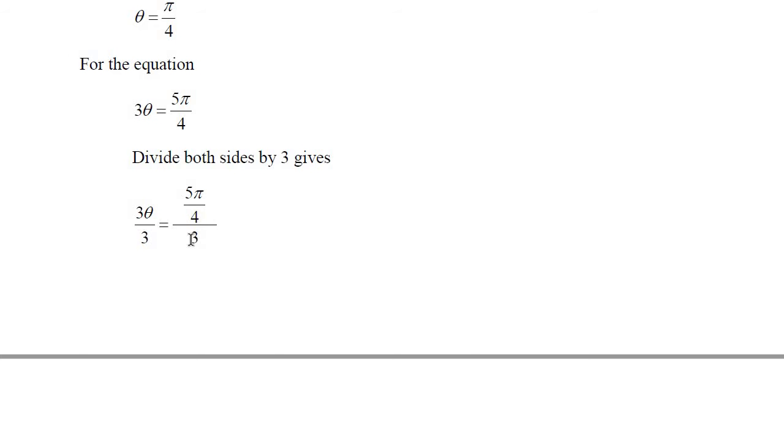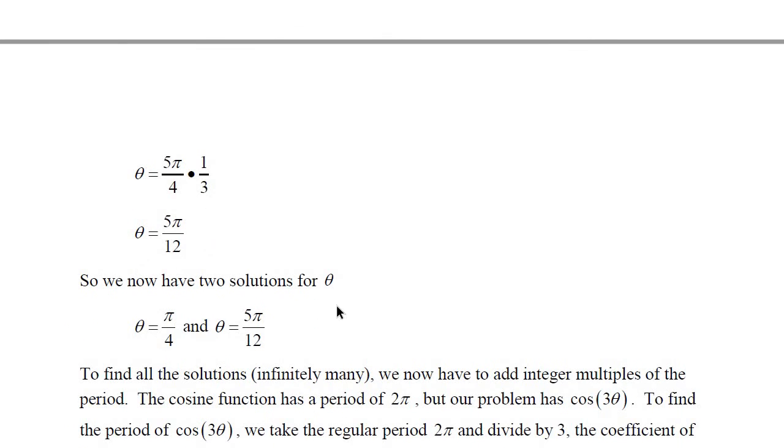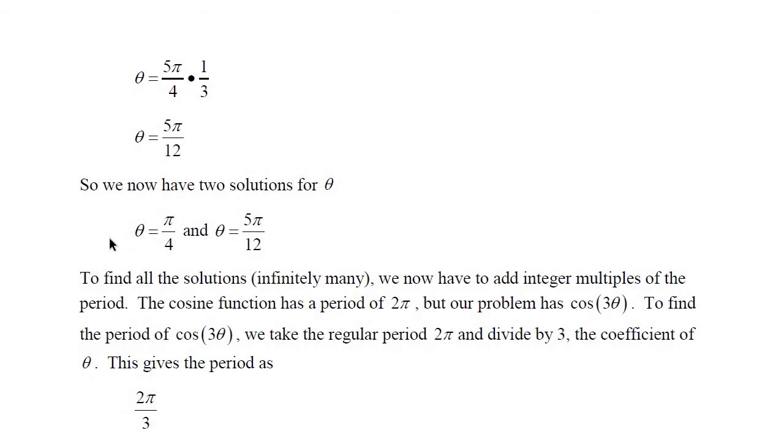Just like with the other one, dividing by 3, we flip that and end up multiplying by 1/3. So we get theta is equal to 5 pi over 4 times 1/3, which gives me theta equal to 5 pi over 12. So now we have the following two solutions: theta is equal to pi over 4, and theta is equal to 5 pi over 12.